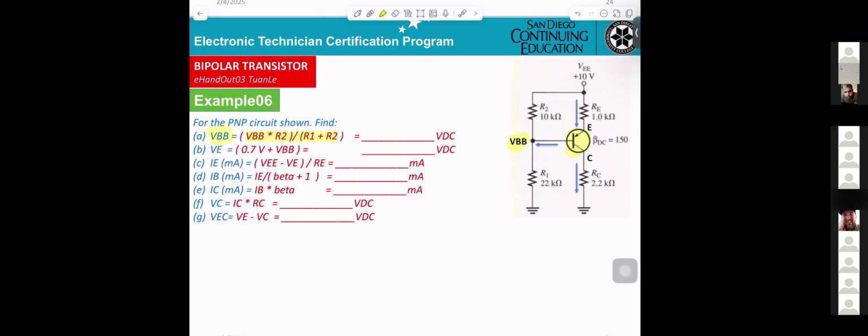Perfect. And then the high side goes wherever you want, which would be the emitter, where your E letter is right there. Very good, you know everything. That's what we want.